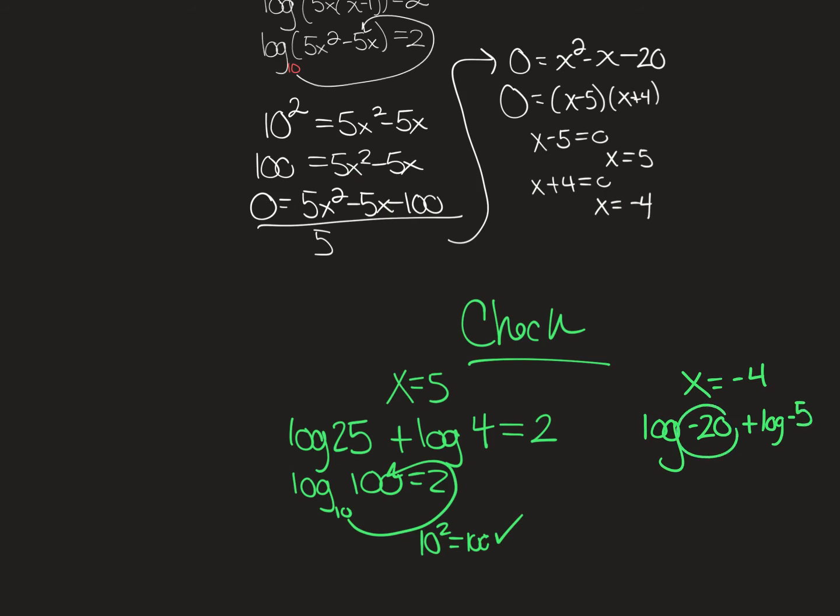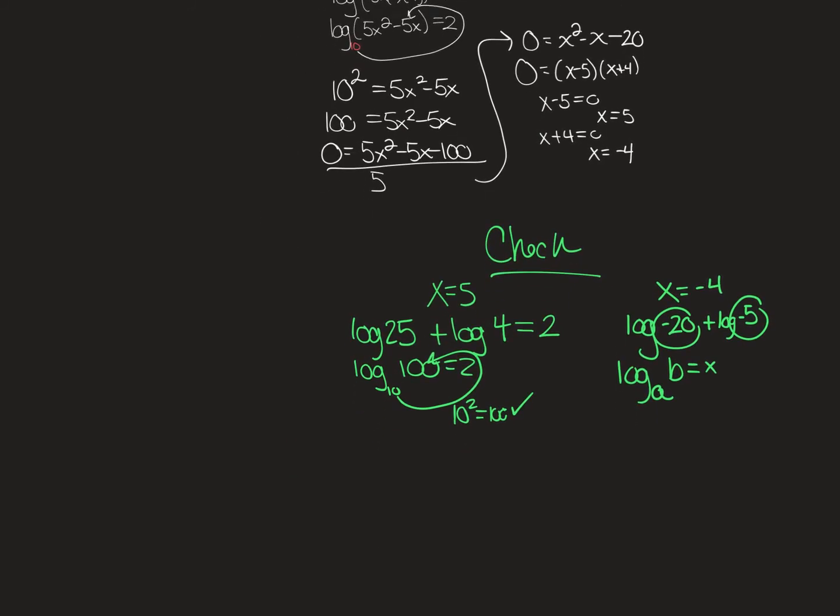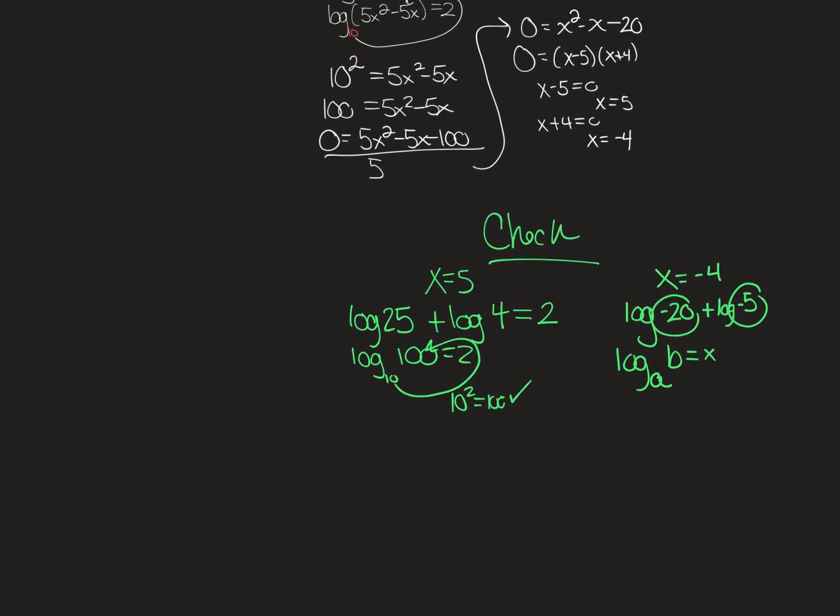Here's my problem. You can't put this in a calculator because what this says is, in theory, log base a of b equals x. Well, in my case, my b is negative. So what I'm really saying is log base a and then a negative number in here equals x.